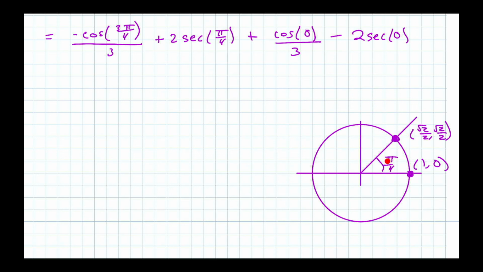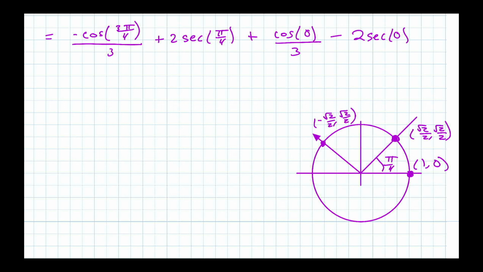I got the pi over 4 for this, and 3/4 pi, which is over here. Oh wow, I didn't know that it could do arrows. That's neat. Okay, doesn't matter. Point is that coordinate right there is going to be negative square root 2 over 2, positive square root 2 over 2.